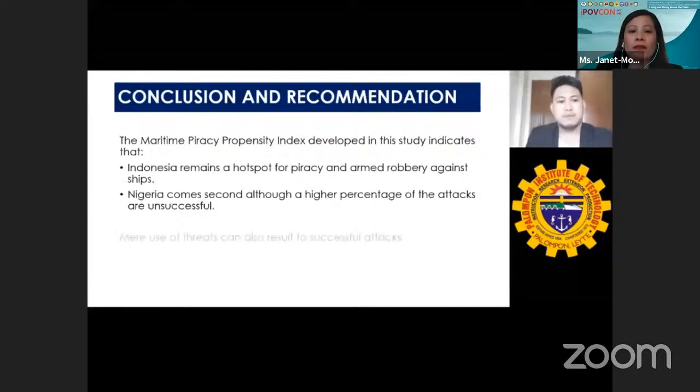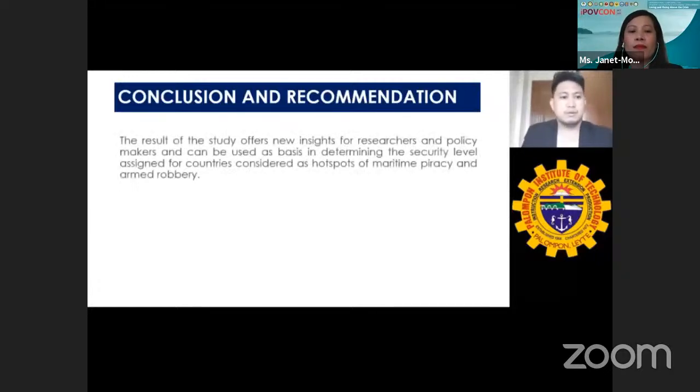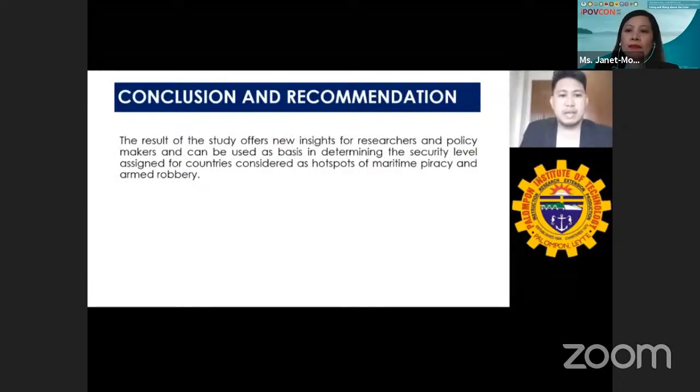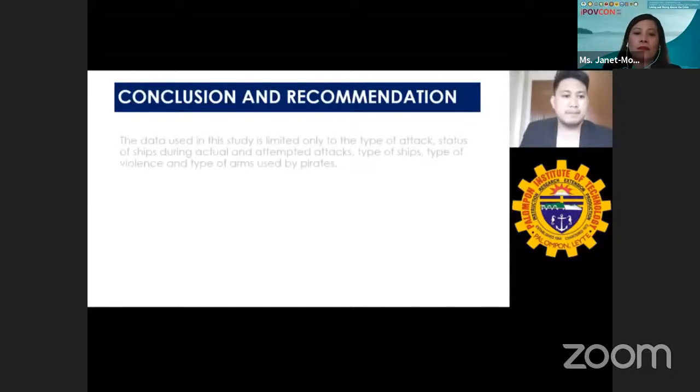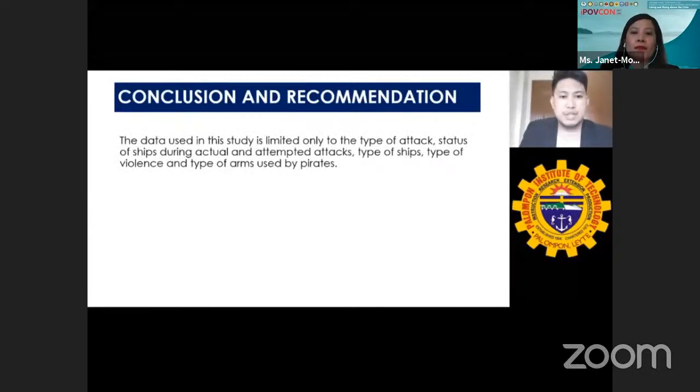Nigeria comes second, although a higher percentage of the attacks are unsuccessful. And also, the mere use of threats can result in successful attacks. The result of the study offers new insights for researchers and policymakers and can be used as basis in determining the security level assigned for countries considered as hotspots of maritime piracy and armed robbery.